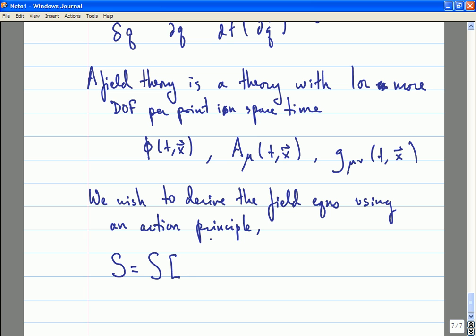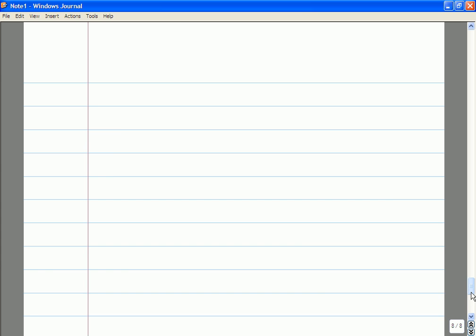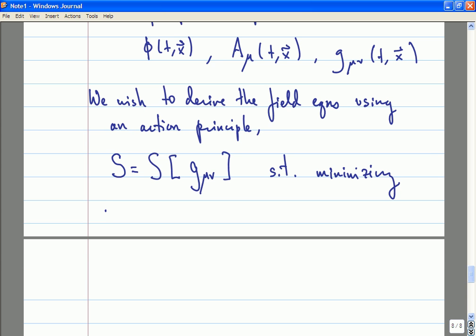So it's a functional of the metric of spacetime as a function of 4 variables, unlike in standard mechanics where the q, for example, depends on 1 variable t rather than 4 variables, such that if we minimize the action functional with respect to the metric, we obtain Einstein's equation.